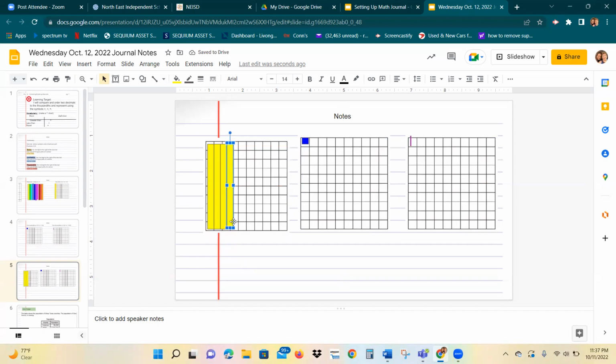And I'm going to go through and color them out. Or change the colors, I should say.